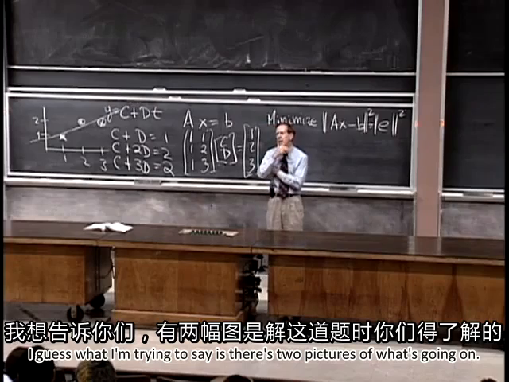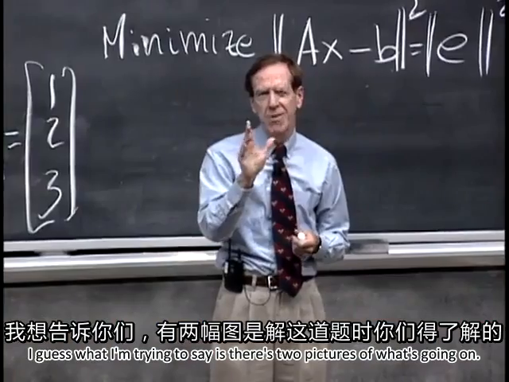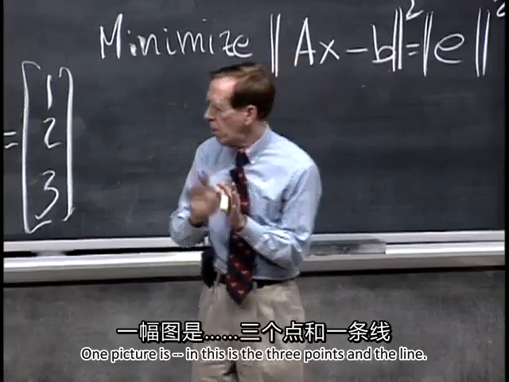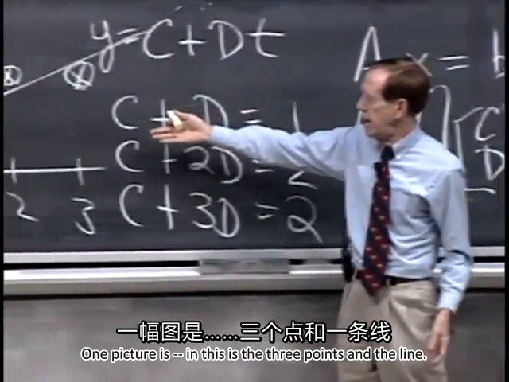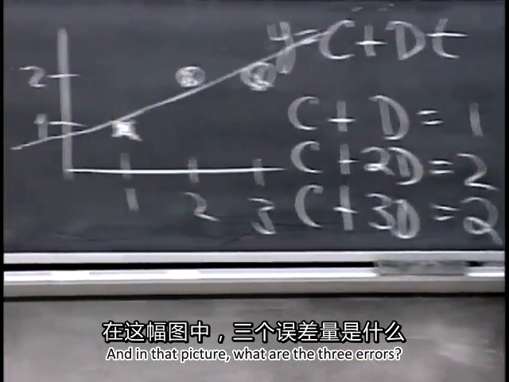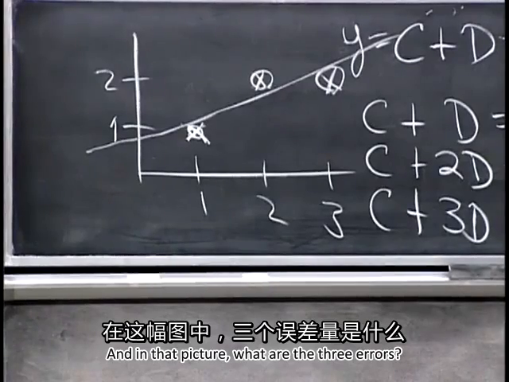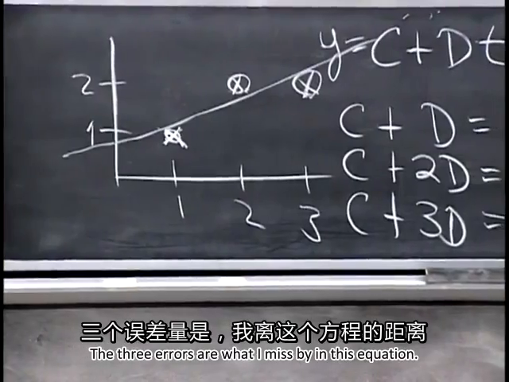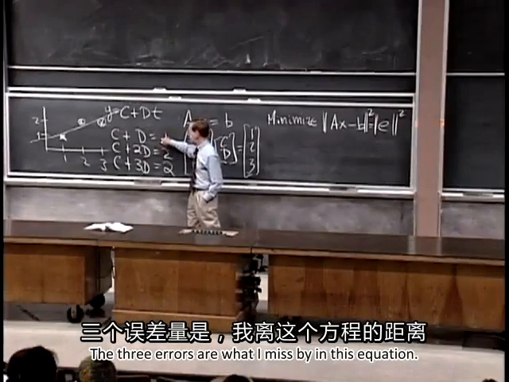I guess what I'm trying to say is there are two pictures of what's going on. One picture is the 3 points and the line. And in that picture, what are the three errors? The three errors are what I miss by in this equation.